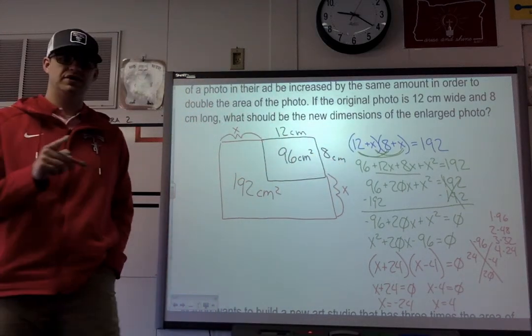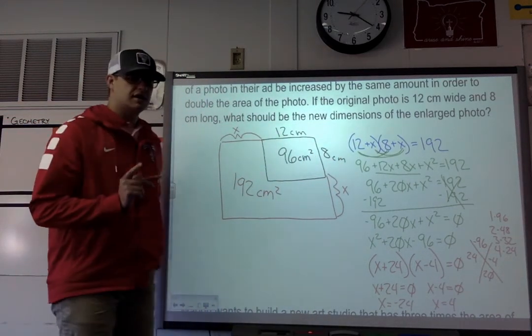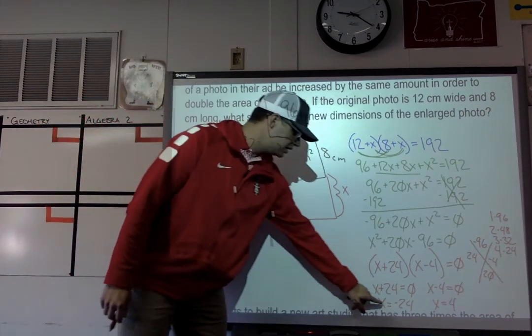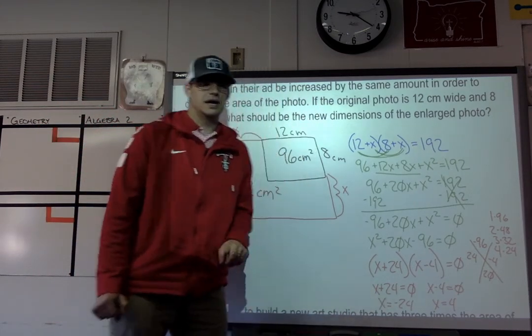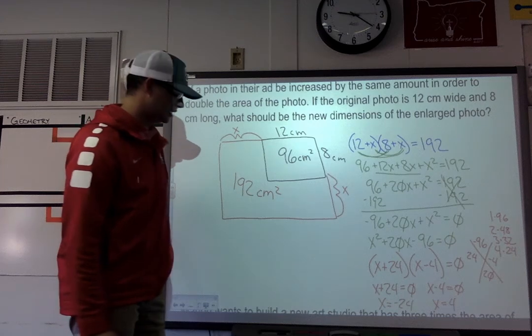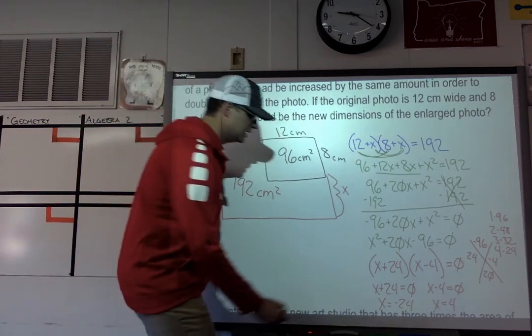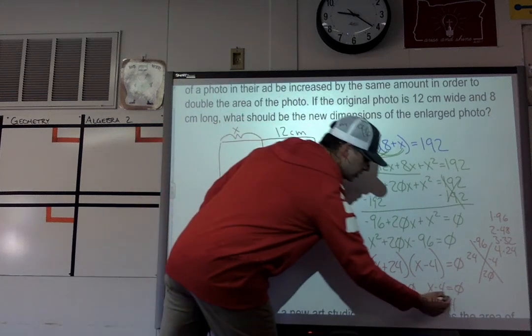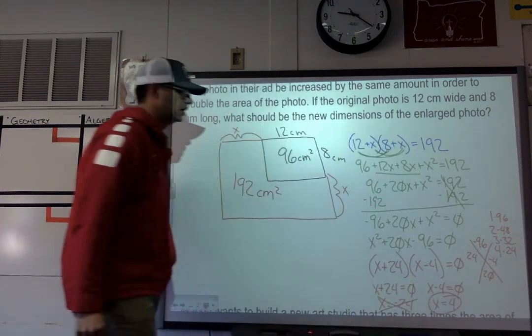Now, only one of these is going to work in this case. If you think of it, since we're talking about increasing a length, we can't increase a length by negative 24 centimeters. So we know that negative 24 will not be our answer. So we're going to say x equals 4.